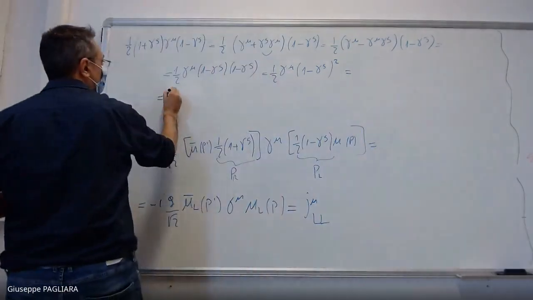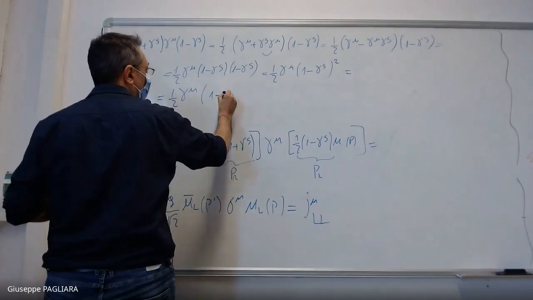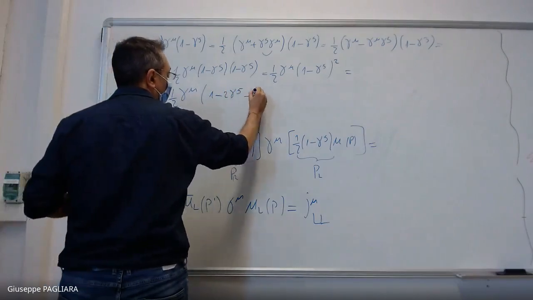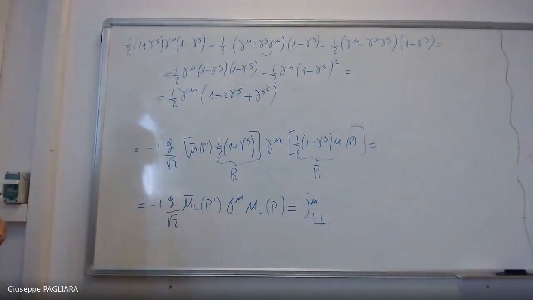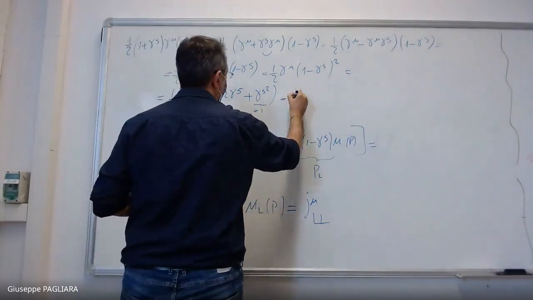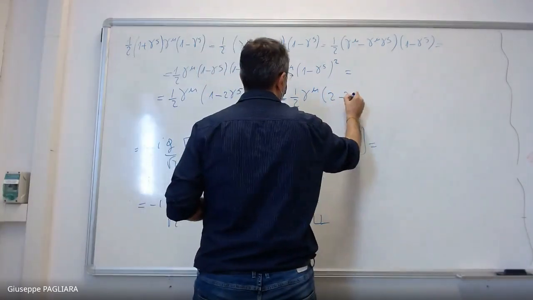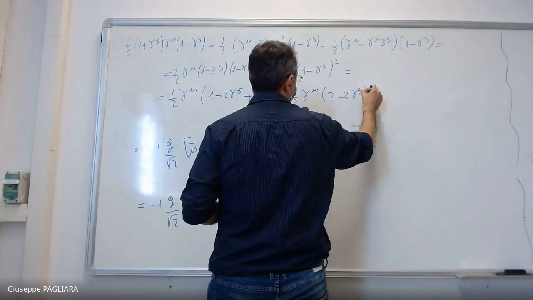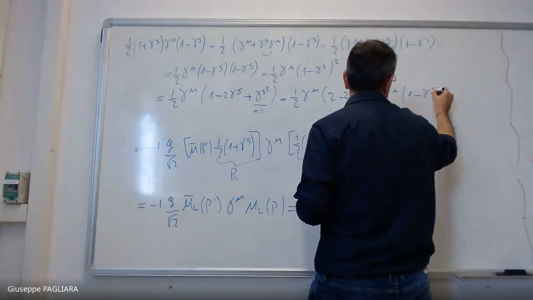So this is half γ^μ (1 − 2γ5 + γ5 squared). This is 1, and 1/2 γ^μ (2 − 2γ5). And so we get again γ^μ (1 − γ5).